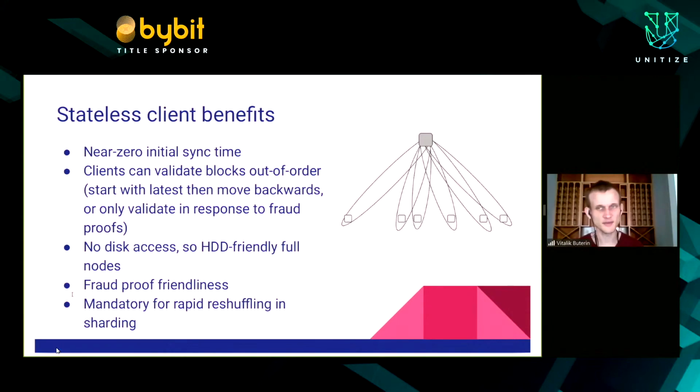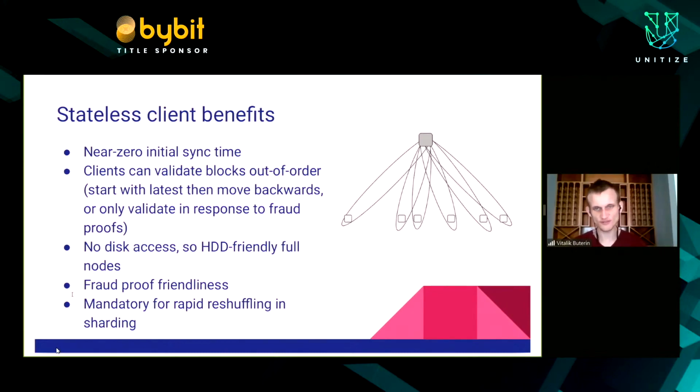And in an Ethereum 2.0 sharding context, stateless clients are basically mandatory because nodes get rapidly reshuffled between different shards. So one moment you might be on shard number 2047, then suddenly you get reshuffled to shard 45, and then almost immediately you have to verify a block from shard 45, and you just don't have enough time to download the entire state from shard 45.